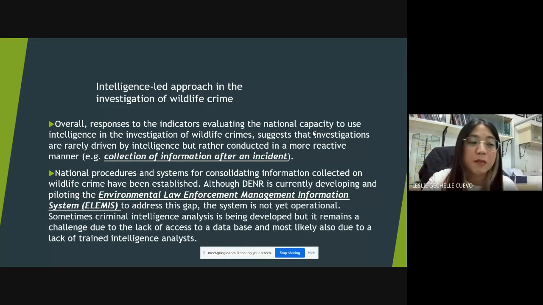Especially, sa pinag-uusapan natin ay yung environmental crimes. Kaya kailangan ng extensive and comprehensive na database. And of course, hindi lang sapat na meron kang information. Kailangan yung tao na nag-iimbestiga, yung intelligence officers ninyo, ay mahusay din.